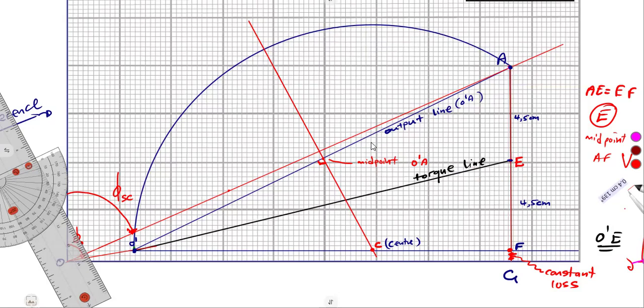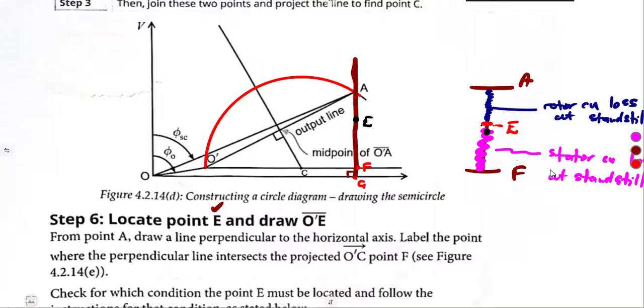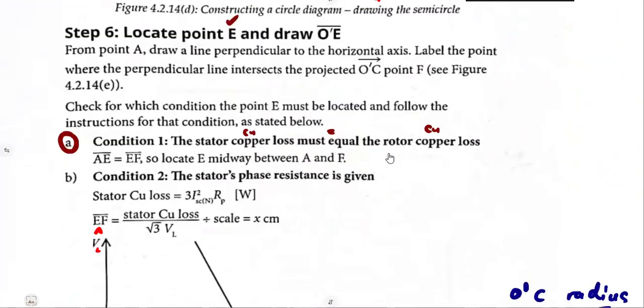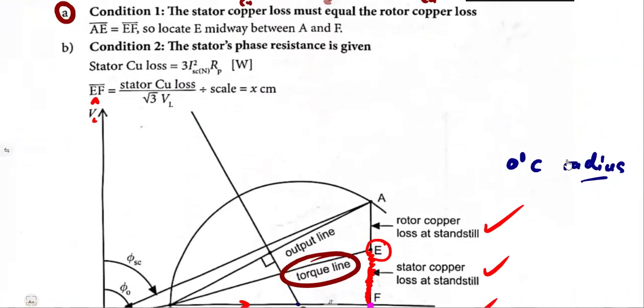So at this point, we need the last part, finding LK, after you have drawn your vector O bar to E like this. Another way, condition 2, is when you are given the stator's phase resistance, which we are not given. We are going to use this method.